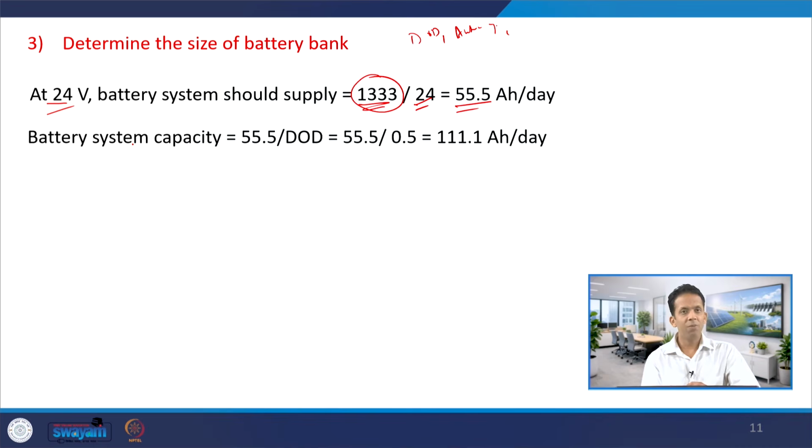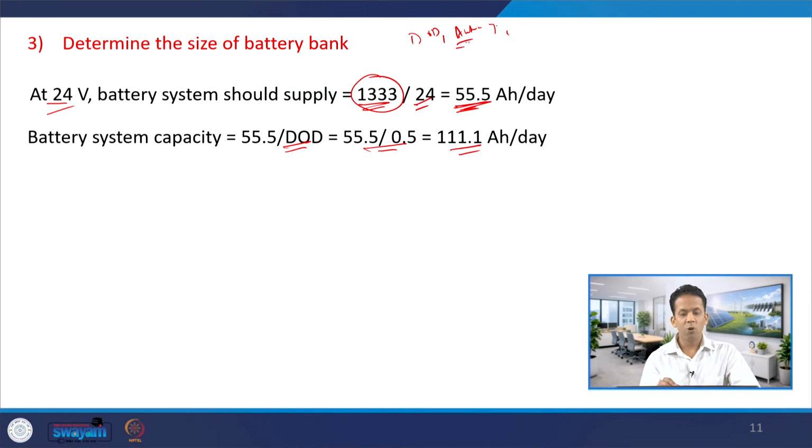So the battery system capacity to be able to supply this much, if we take into account depth of discharge, the battery system capacity should be much bigger than this, that is 55 by 0.5, that is 111. Now this is the battery system capacity considering only the DOD.